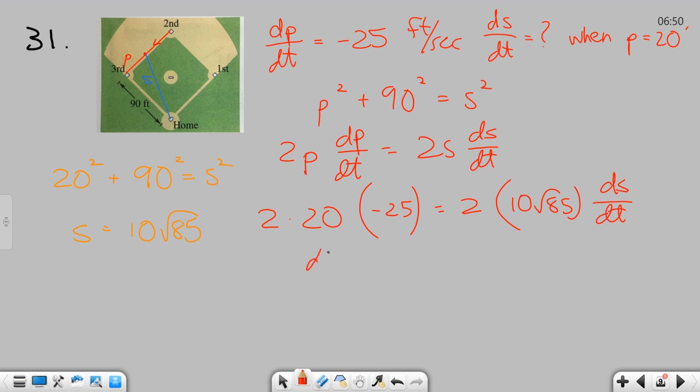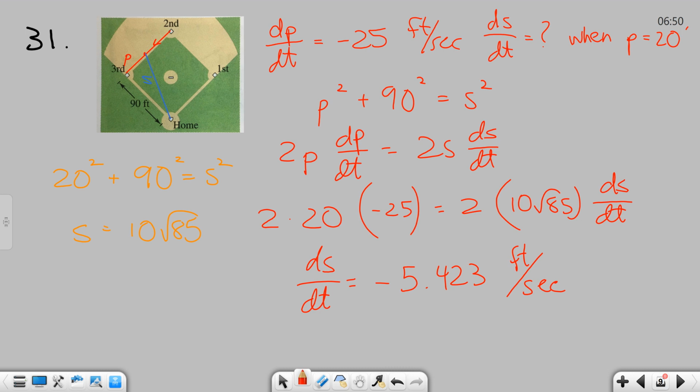Working some math magic there, we get dS/dt is equal to negative 5.423. And then my units: S is measured in feet, time is measured in seconds, and I get that as my final answer.